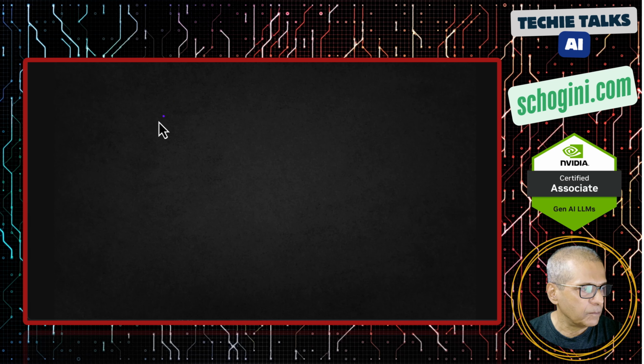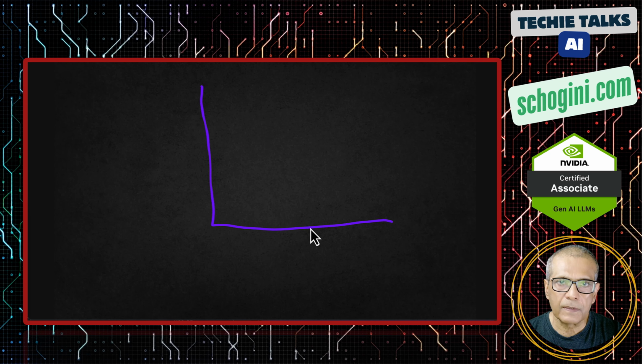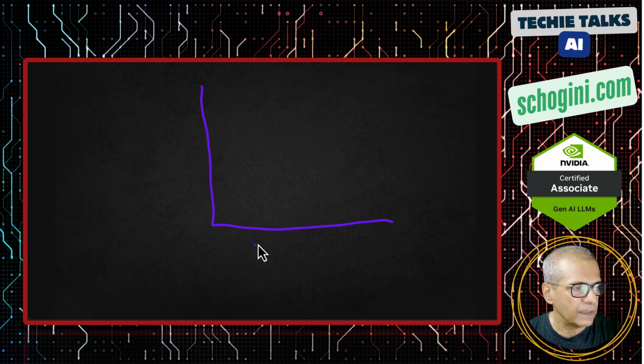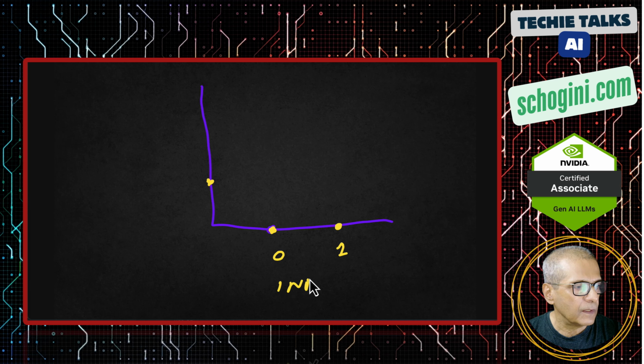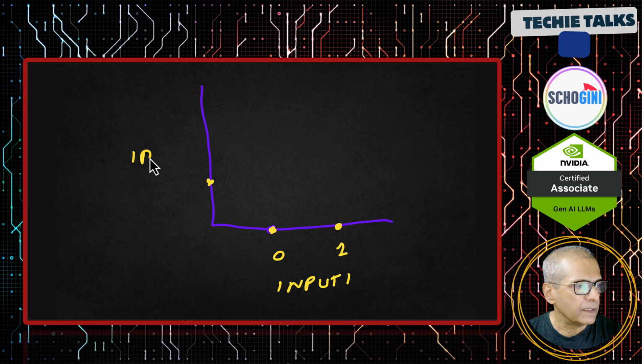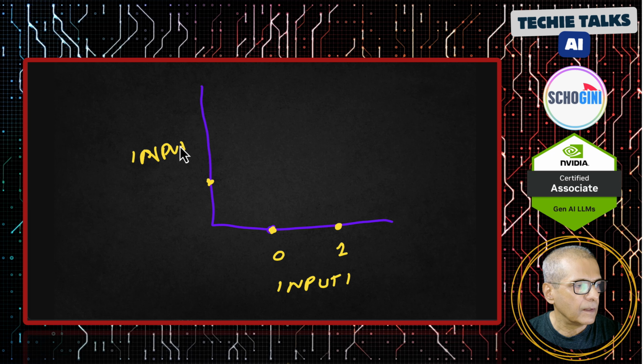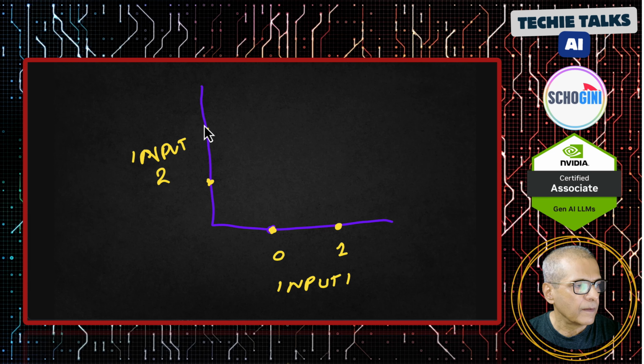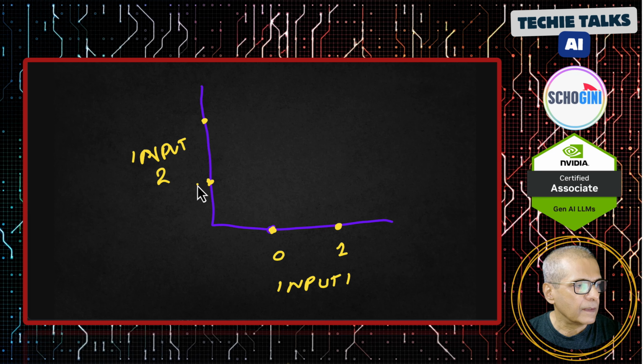Let's try to plot. Okay, so this is X and Y axis, and here, so this is input 1, and here we have input 2, and this is 0, this is 1. Okay, so this is a 1.